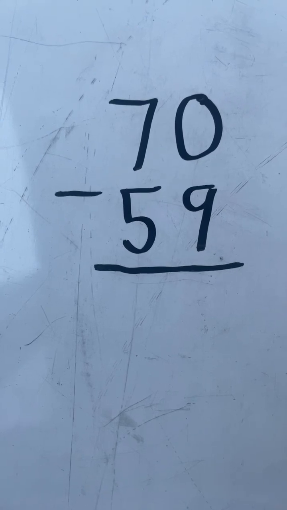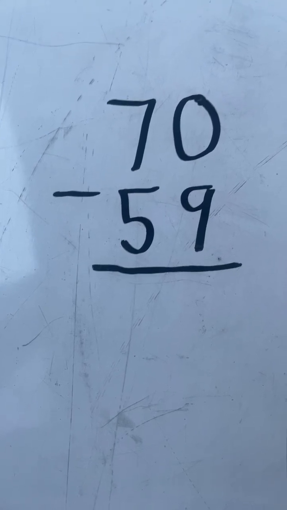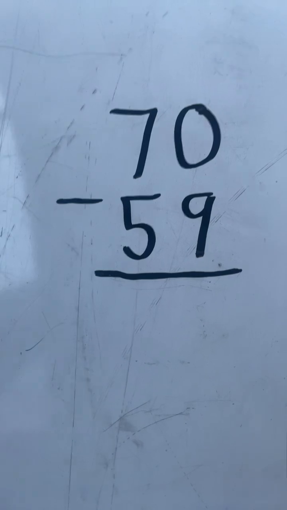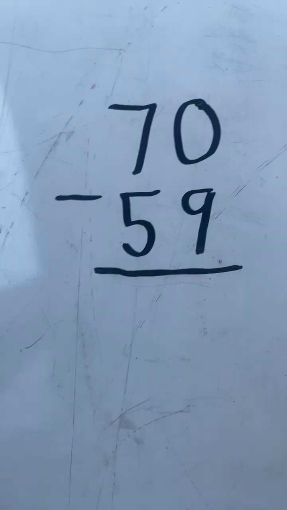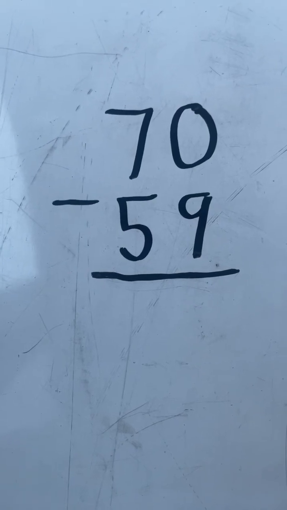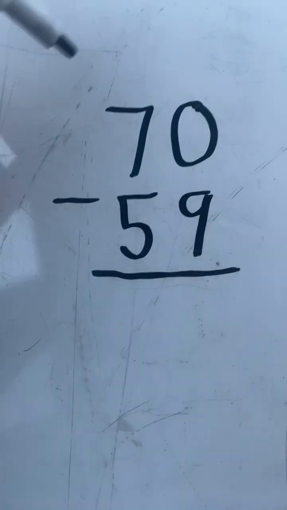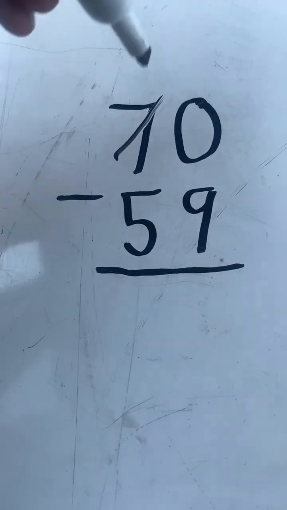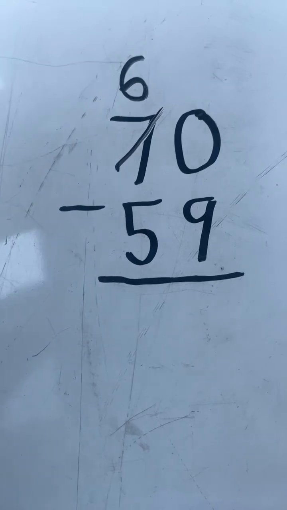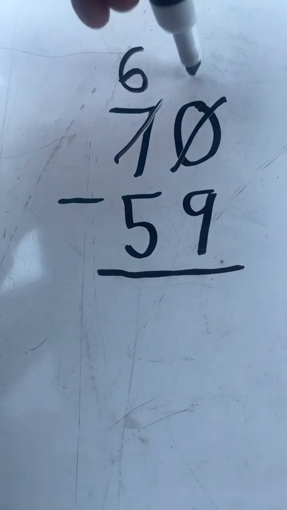So, for subtraction, we regroup whenever the bottom digit is bigger than the top digit. As you can see in the ones place, 9 is bigger than 0. You cannot start out with 0 and take away 9. So what we need to do is take a 10 from the tens place and add it to the ones place. So the 7 is going to become a 6, and the 0 is going to become a 10.